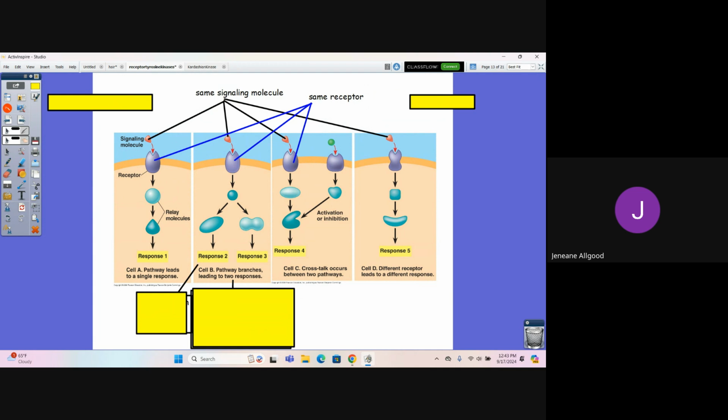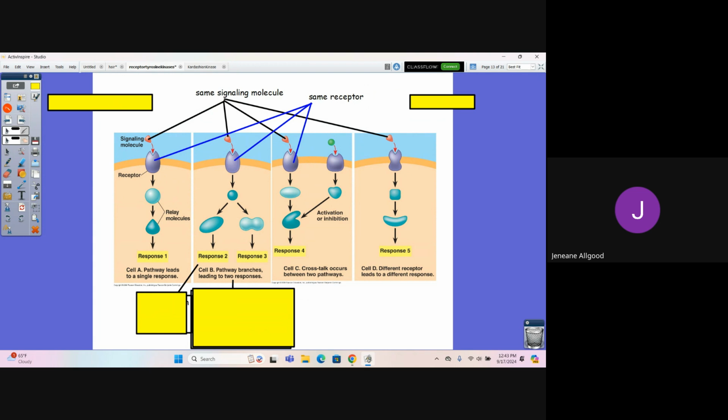this first protein can activate either of two different relay proteins, so I can technically get two responses, okay? Here, again, I'm activating a different protein, so I'm getting a different response. And that's how I can get 4 different responses using the same signaling molecule and the same receptor.